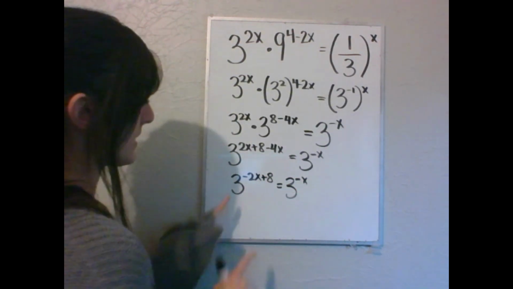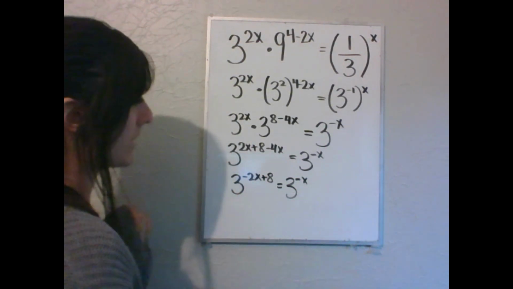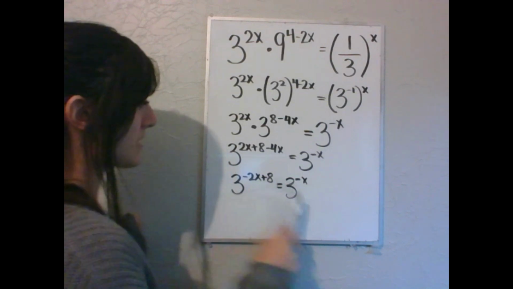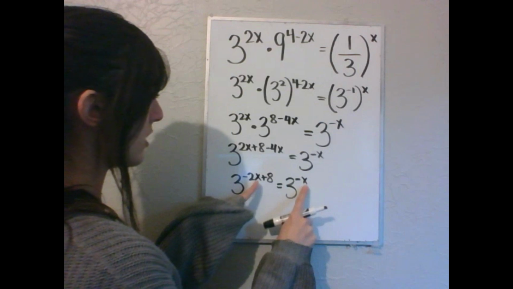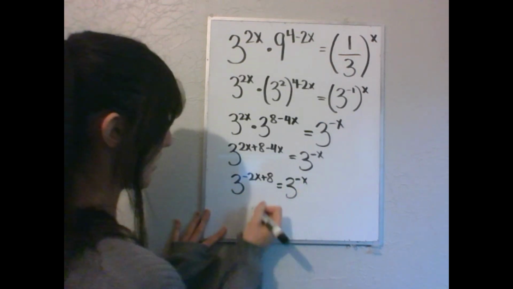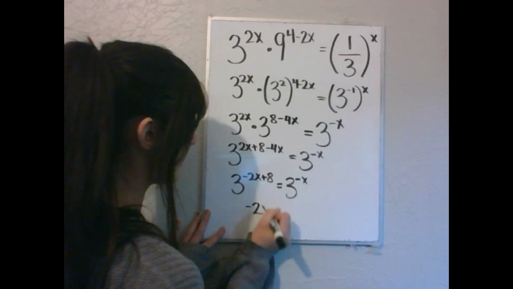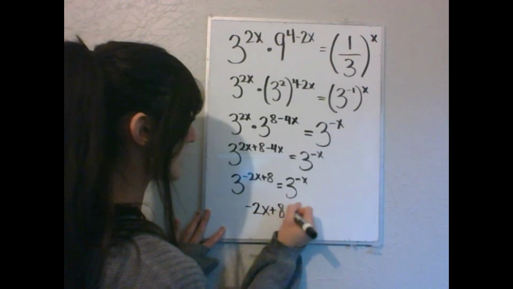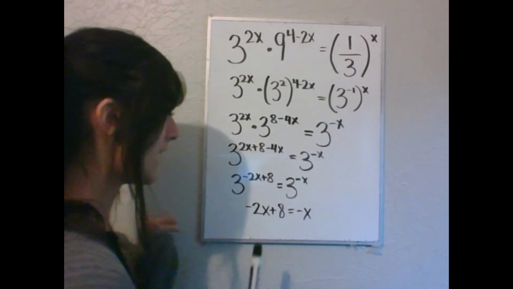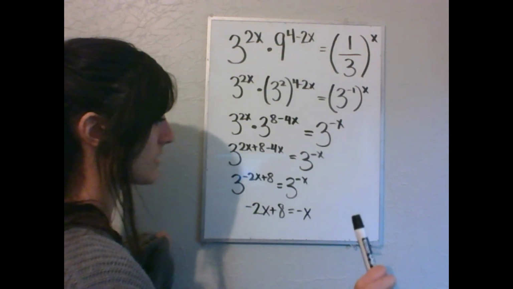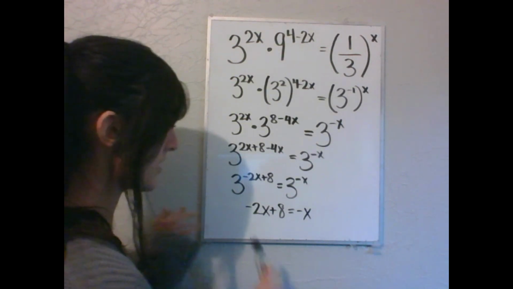Okay, perfect. Now we've got a fully simplified equation. We have the same base. So now all we have to do is drop the base and set our exponents equal to each other, leaving you with negative 2x plus 8 equals negative x. To solve for x, I'm going to move all my x's on one side, all my constants on the other side.